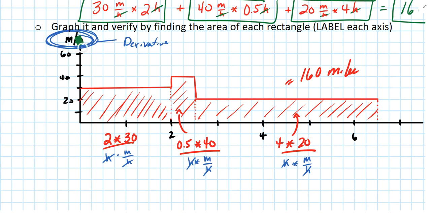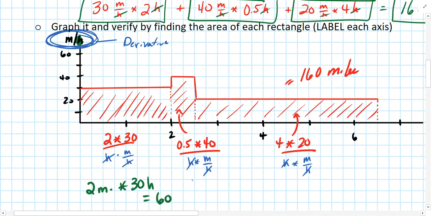And if we were to use this area method, we'd have a measurement of miles multiplied by hours, and in this particular case, 2 miles times 30 hours produces a unit. Well, we still get the number 60, but it produces a unit called a mile-hour unit.